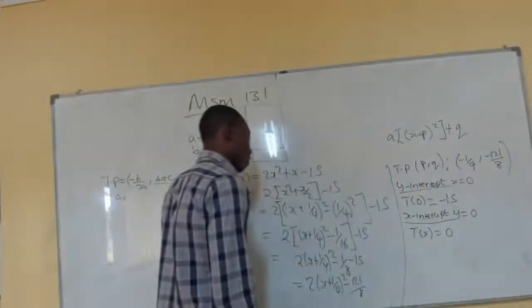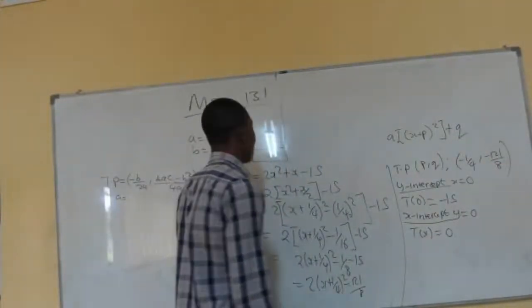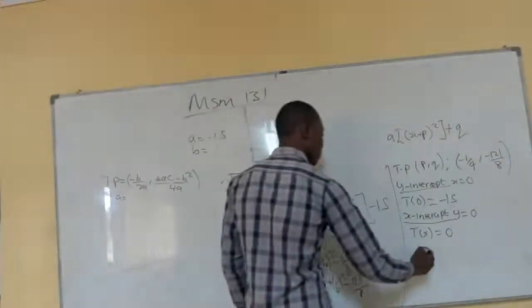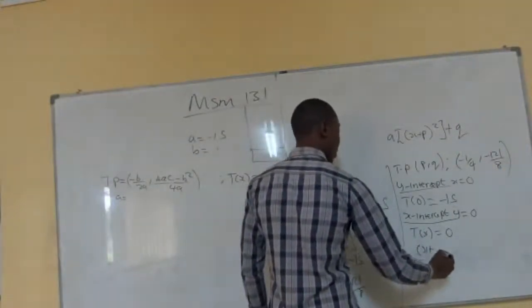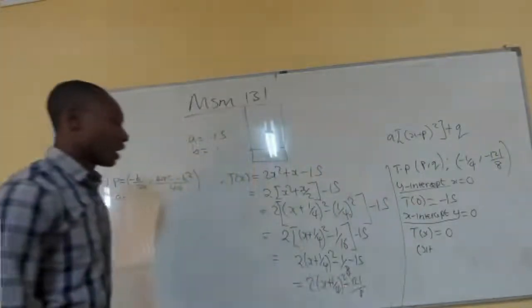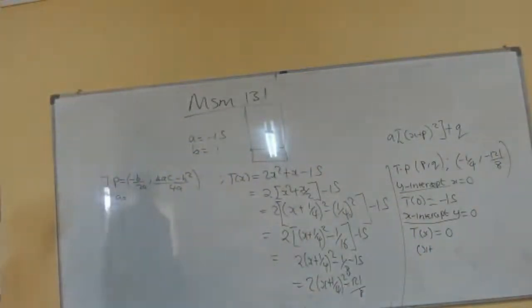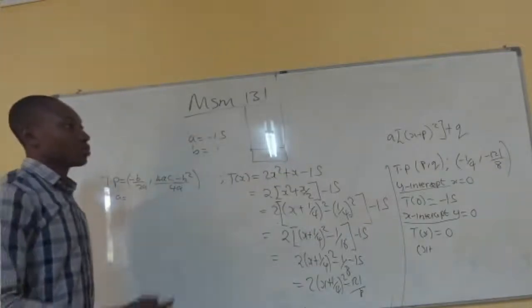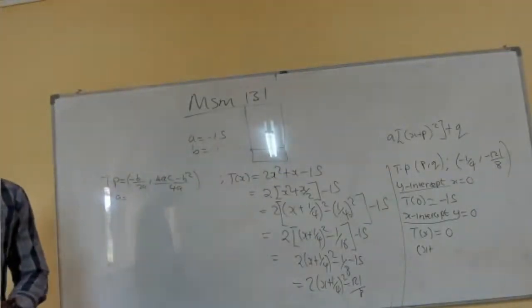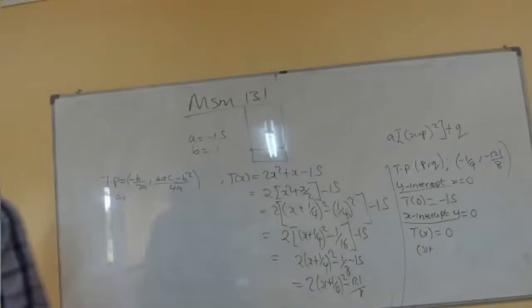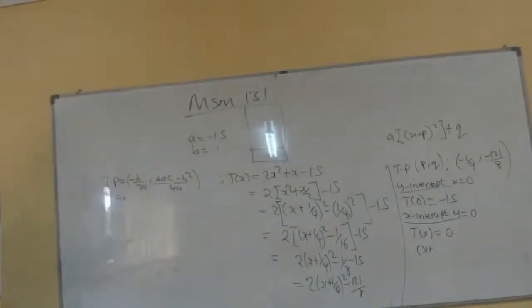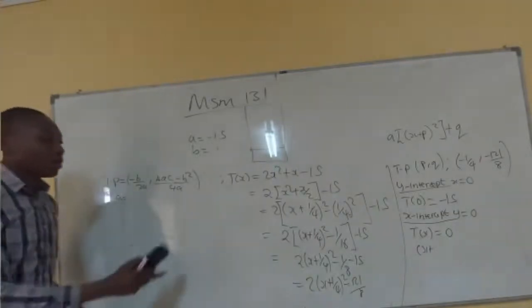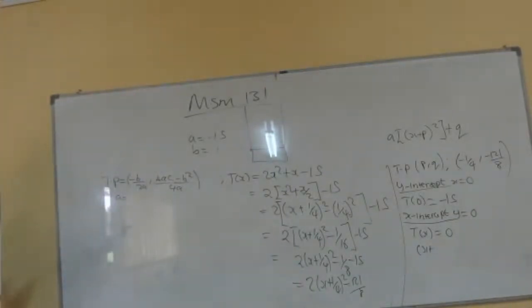If you remember, we already factorized t(x) at some point, because we were asked to factorize it. So you can either use the form that we factorized, or an alternative method, instead of factorizing it, is to solve using the form where we've completed the square.